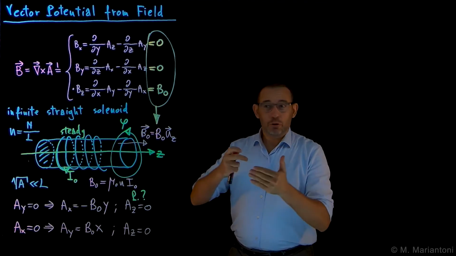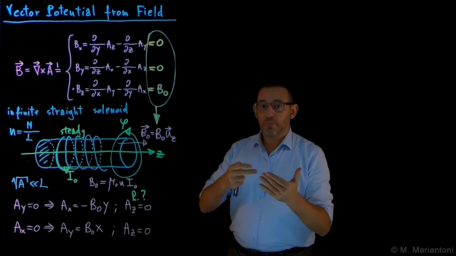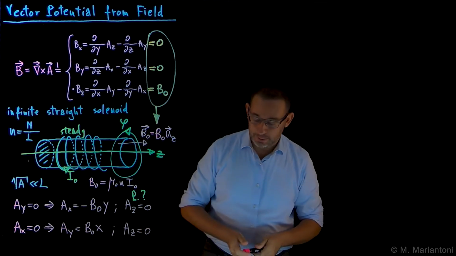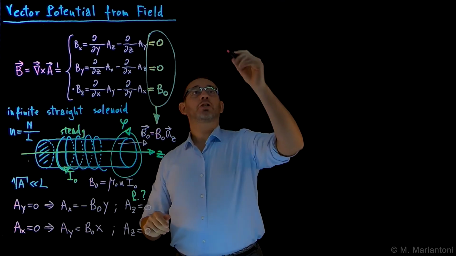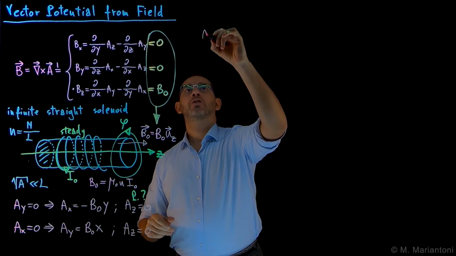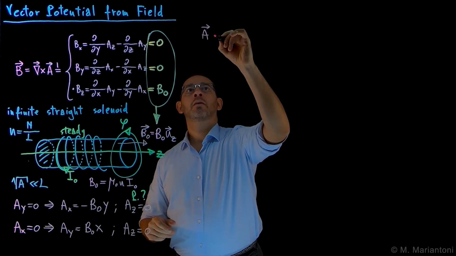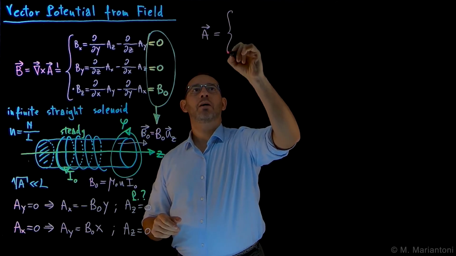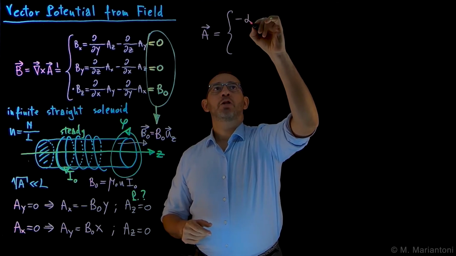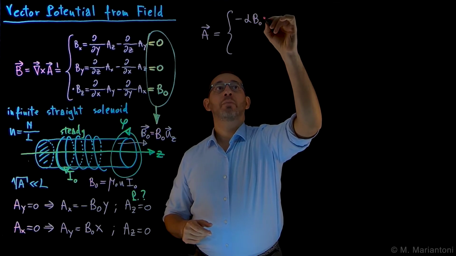Now, these are two solutions of this system. Obviously, also linear superposition of these two solutions will be a solution to this system. So by means of linear superposition, we can rewrite in this fashion that the general solution A to this problem is comprised of two components. One is minus a coefficient alpha times B naught times y.